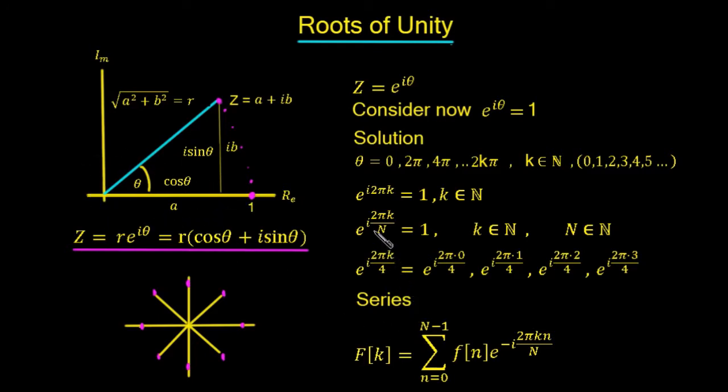So say, for example, our value of n, which again is just a natural number, the same as the value k, is 4. Then we would end up with e to the i 2 pi, and k would start off at 0, so it would be 0 upon 4, and then k would go to 1 upon 4, then 2 upon 4, then 3 upon 4.